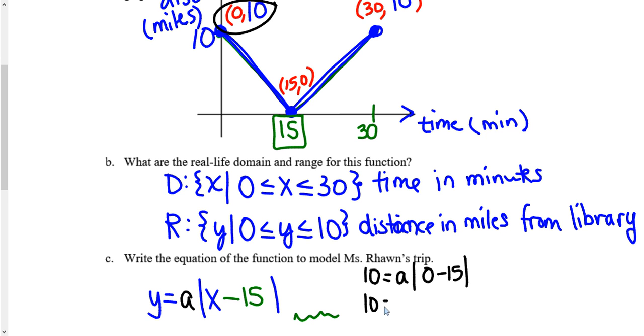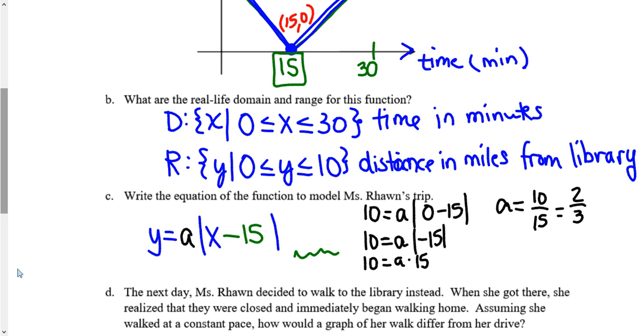So I would have 10 equals a times the absolute value of negative 15. Well, the absolute value of negative 15 is positive 15. So then I divide both sides by 15, and a is 10/15, or if I divide those both by 5, 2/3. So my final equation would be y equals 2/3 the absolute value of x minus 15.